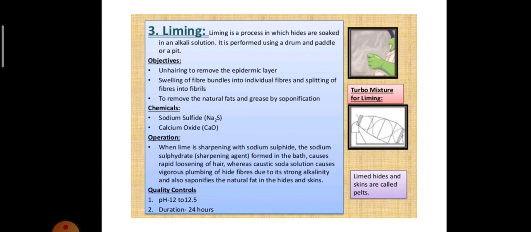Unhairing and liming may be carried out at the same time by immersing the hides and skin completely in a lime and water mixture along with some other chemicals known as sodium sulfide, sodium hydrosulfide, arsenic sulfide, sodium carbonate, etc. So the main objectives of liming are to remove the epidermic layer, and second, swelling of fiber bundles into individual fibers and splitting of fibers into fibrils.